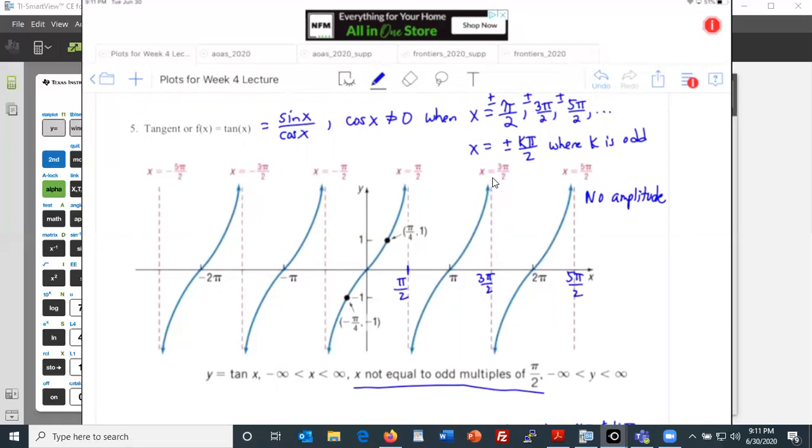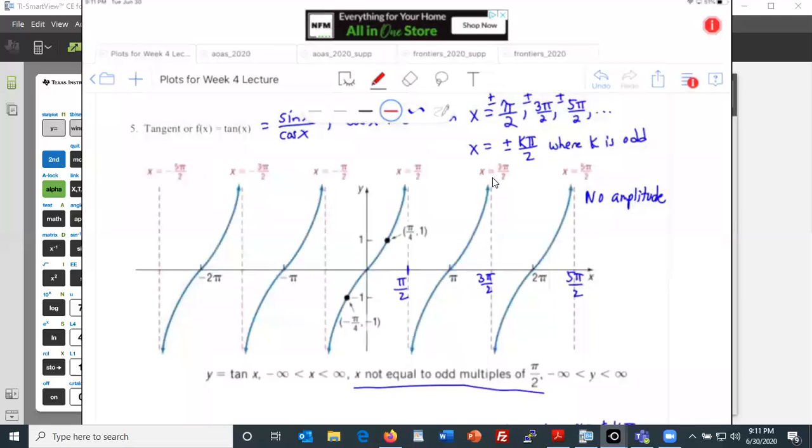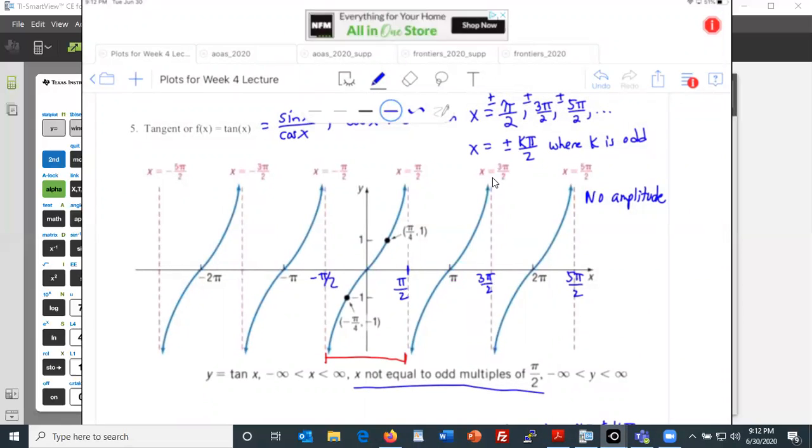And finally, what's the period? What's the period of each of these curves? So let me switch to red. The period would be the length of each of these little intervals that you see here. So what is the length of each of those intervals? We can see that the right side there is pi over 2. The left side is negative pi over 2. So what's the distance from negative pi over 2 to pi over 2?